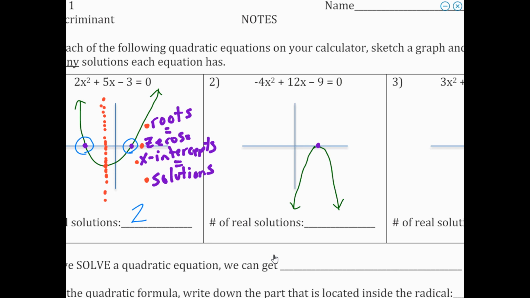So it has 1 solution, and that solution also happens to be the vertex. That only happens if there's 1 solution, where it is also the vertex.